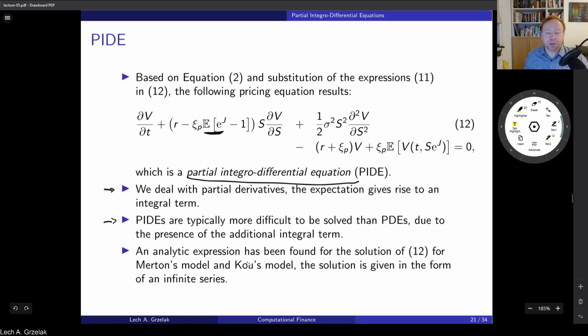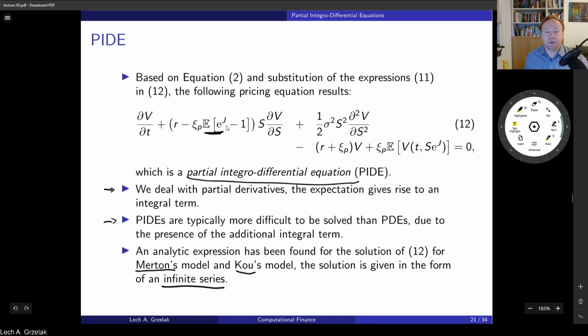Analytic expressions have been found for those expectations in the case of Merton models and Kou models. In particular, I will discuss those later in this lecture, when the density for J is explicitly given. Then we can find the analytical solution for prices of those options, and those will be given in terms of infinite series.